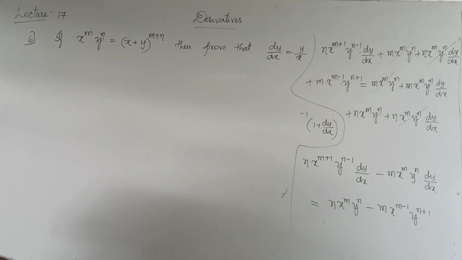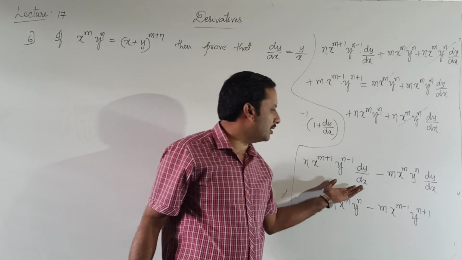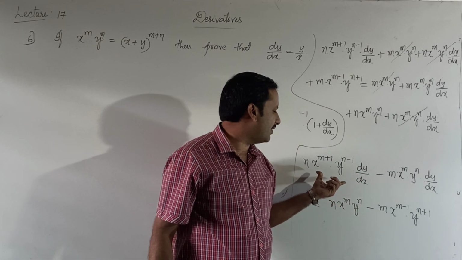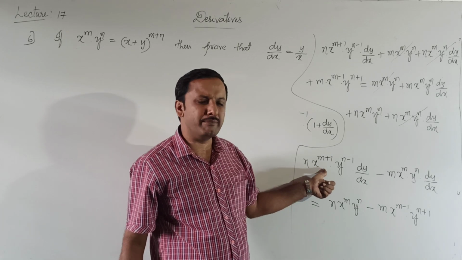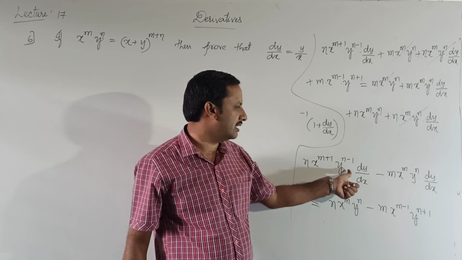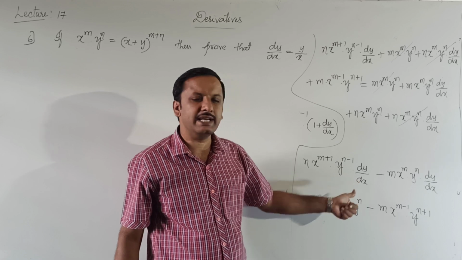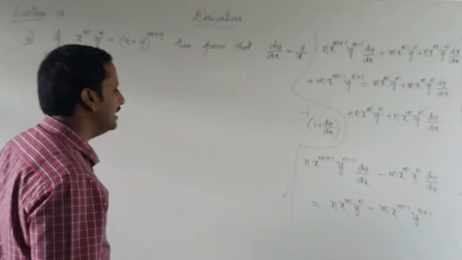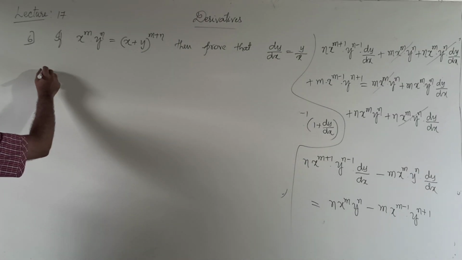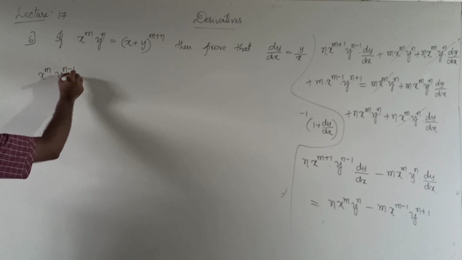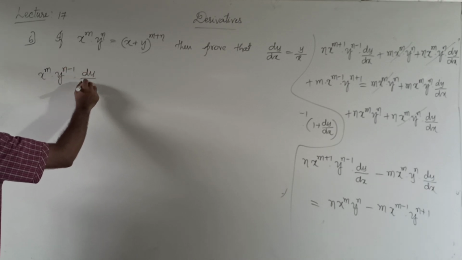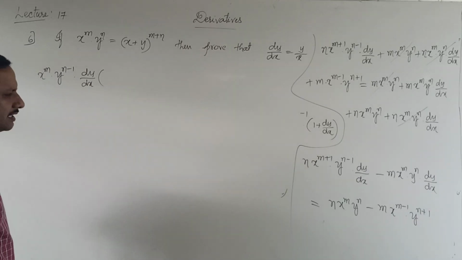Okay. So here between these two, what are the common factors? Common factors are x power m into y power n minus 1 into dy by dx. I will take x power m into y power n minus 1 into dy by dx as a common factor.